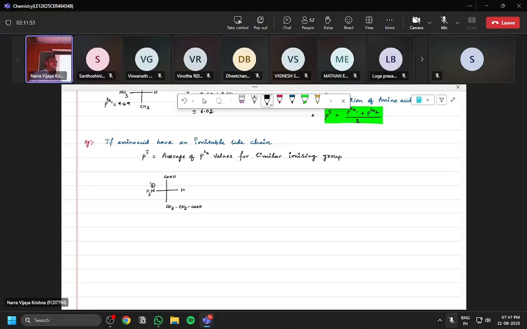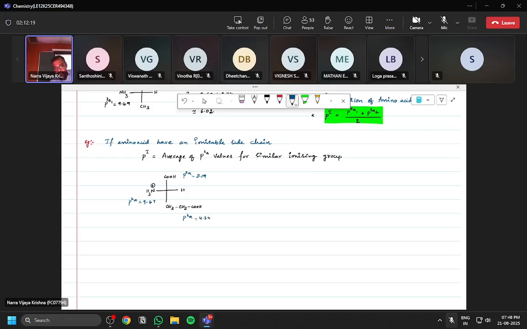Glutamic acid. If it is one CH2 COOH, aspartic acid, right? Its pKa is 9.67. Here pKa is 2.19, and here pKa is 4.25.